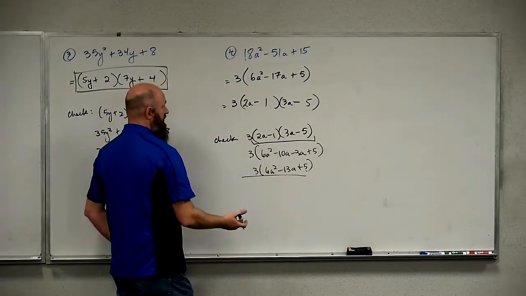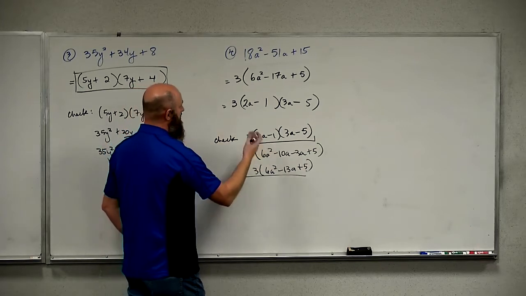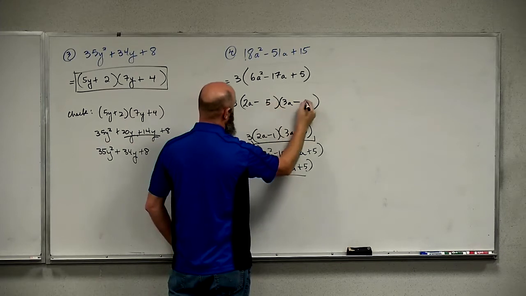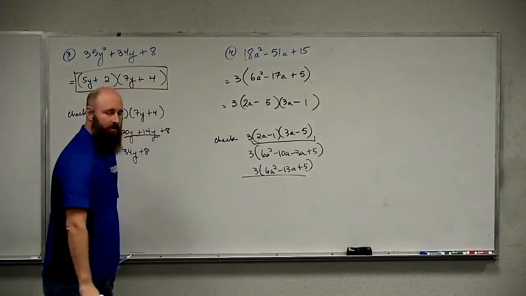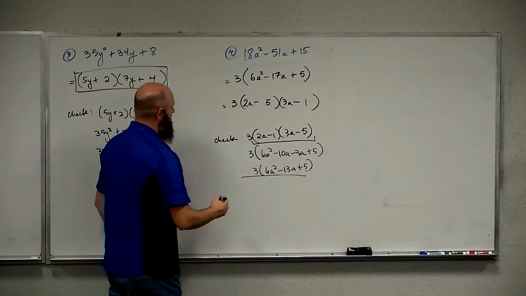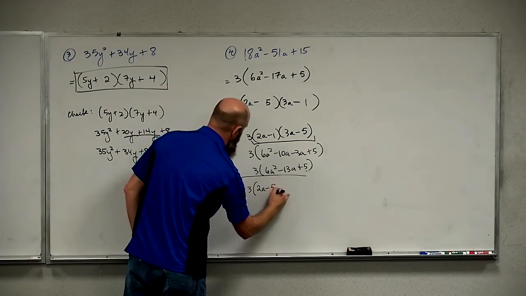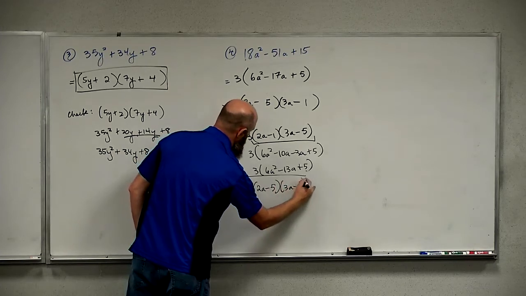So we need to move some things. Because they're both minus, it doesn't really matter. I'm going to move the 1 and the 5 first. 5 and 1, and see if that works. So we have 3, 2a minus 5, and 3a minus 1.